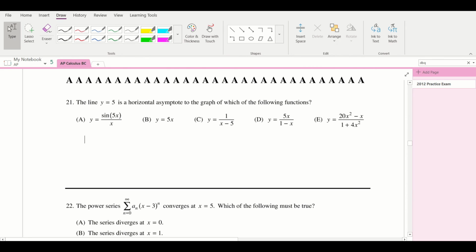So we can take a look at the first one. When y equals 5 here, we have 5x equals sine 5x.